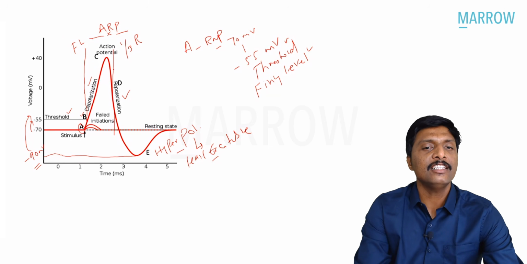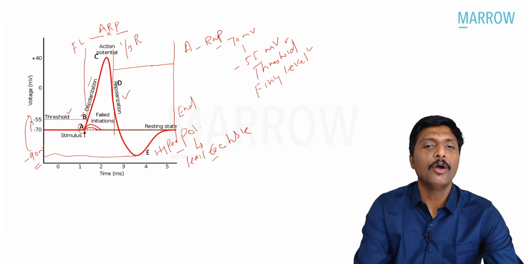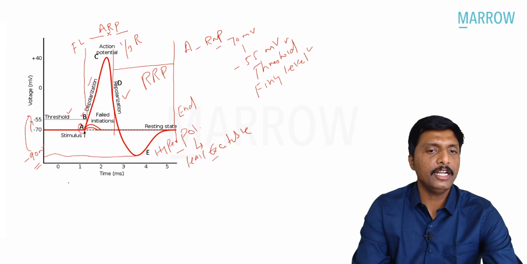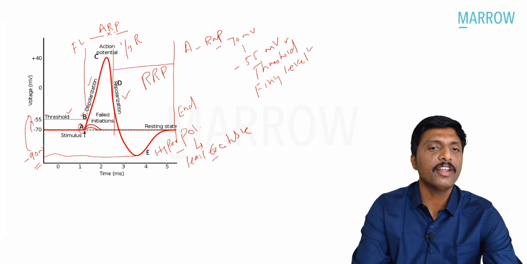From this initial third of repolarization till the end of the action potential, what we call is the relative refractory period. So the answer is very simple. From point B to D, obviously it is our what refractory period?